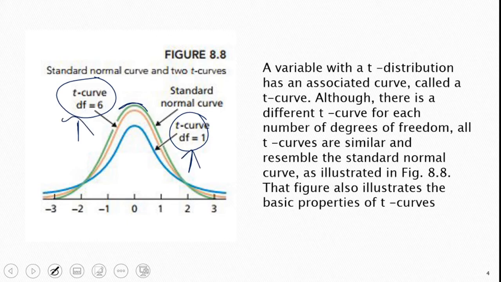So although you have the same value, it changes according to the degree of freedom in this t table. But they look the same, right? The green color one and the red color one, they are very close to each other.